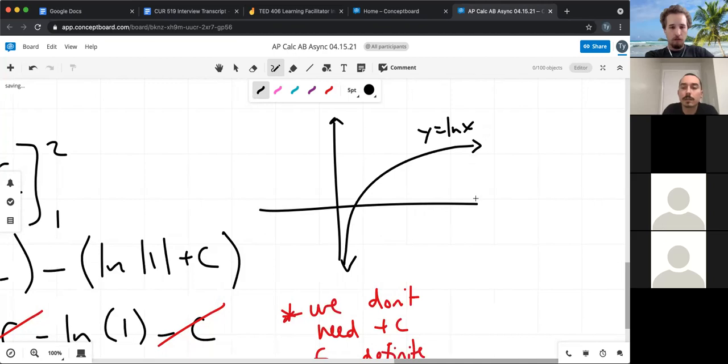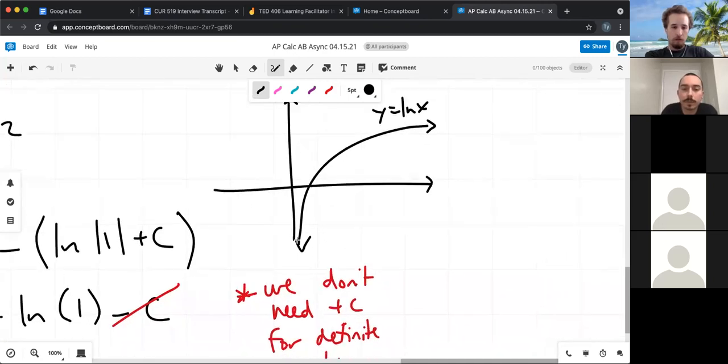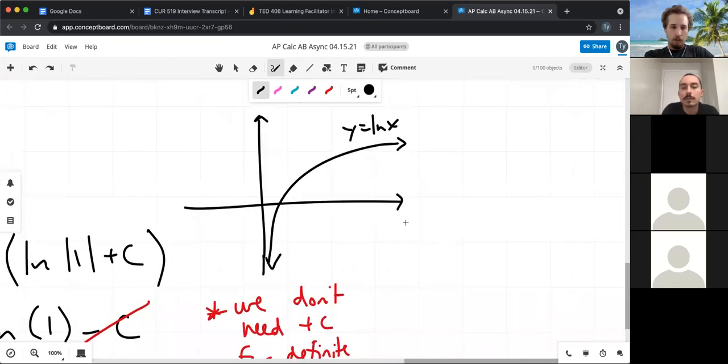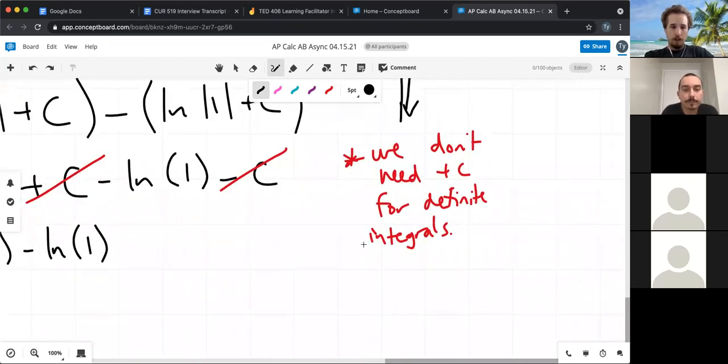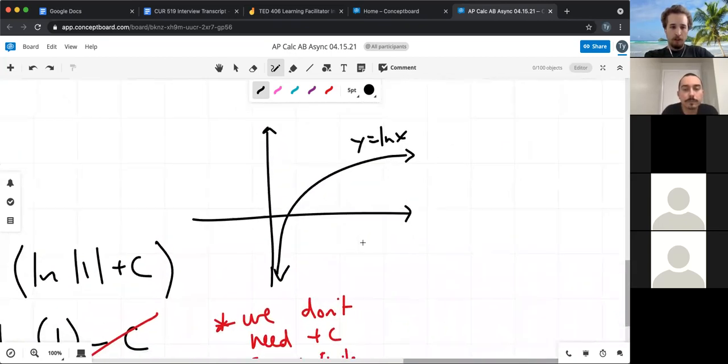Yes. So I did go over this a little bit in one of my videos, but the reason natural log of x is only defined for x greater than 0, right? It's never going to pass this y-axis here. So we need an absolute value of x in case we do have some negative values. The reason why is it's the opposite of e to the x.